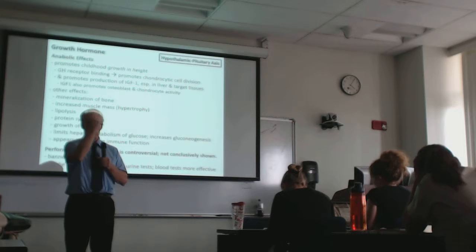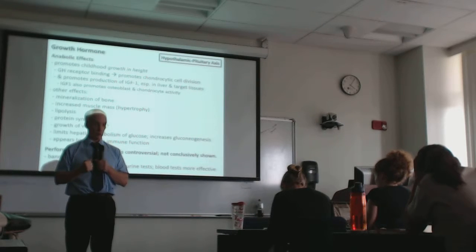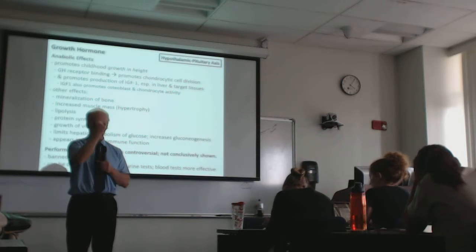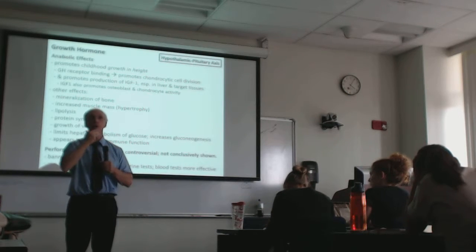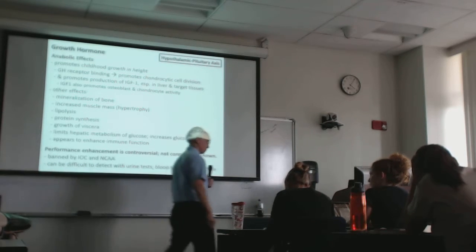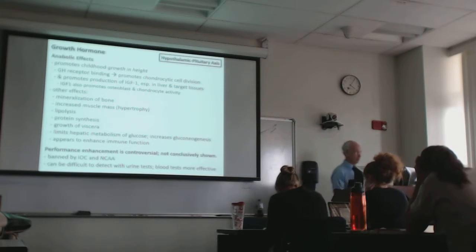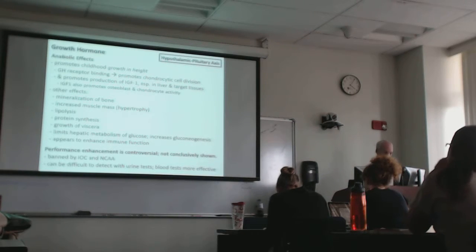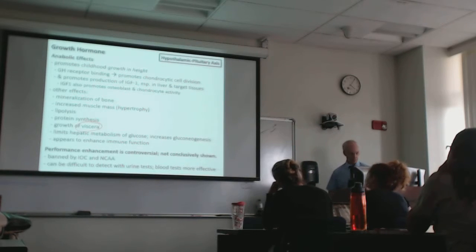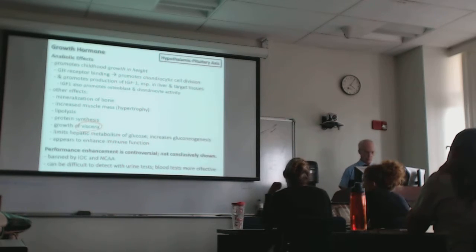You've probably seen the facial features of the individual with abnormally high growth hormone in adulthood. You get sort of a brow ridge, prognathous jaw, some other characteristics. But in any case, one of the less desirable features there are the growth of viscera. And again, sometimes the organs just become too large for the encasement in which they're contained.